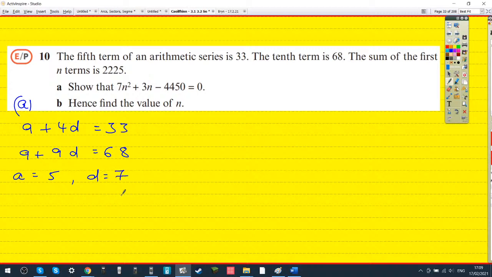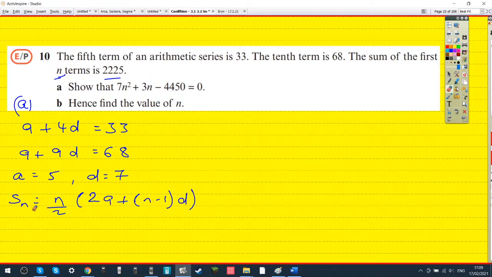Right. Sum to n terms is this. Now how do we use that? S of n is equal to n over 2, and then brackets 2a plus n minus 1 d.